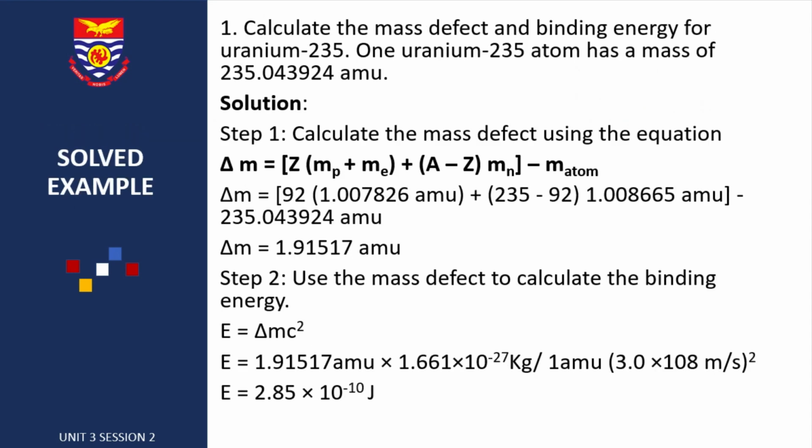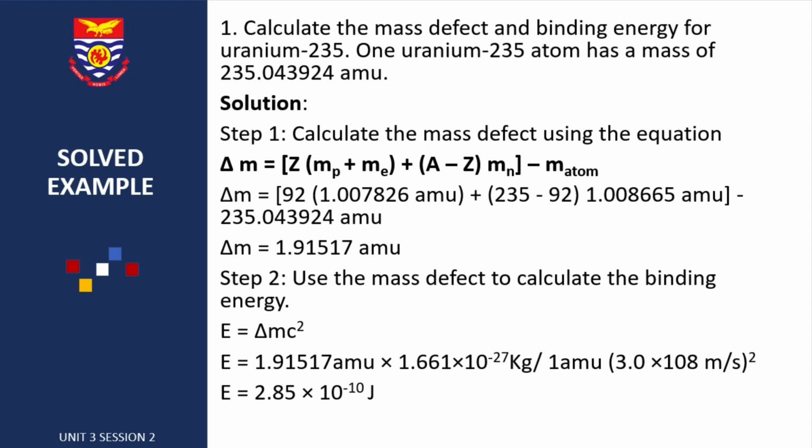Let's look at this example, which is to calculate the mass defect and binding energy for uranium-235. One uranium-235 atom has a mass of 235.043924. Now, to calculate the mass defect, we use this equation over here, which makes use of the mass number A, atomic number Z, and then the mass of the atom.